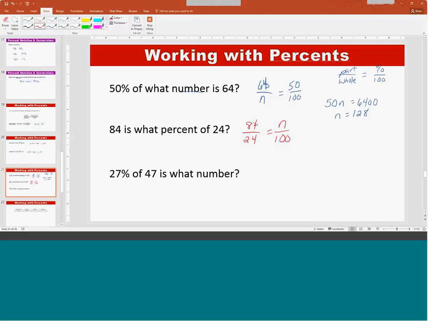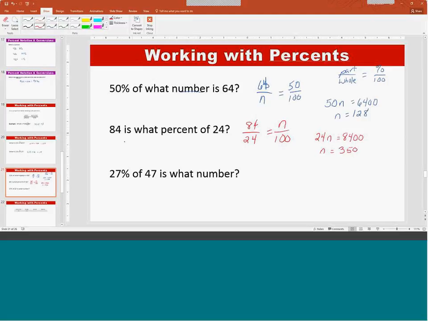So set up the proportion this way: 84 to 24 is the same as what percent over 100. This is where we use cross multiplication again. 24n is equal to 8,400. To solve for n, we divide both sides by 24, so n becomes 350.